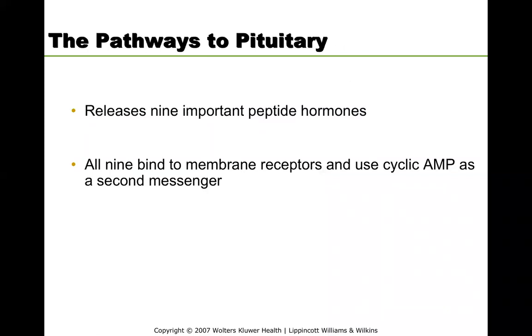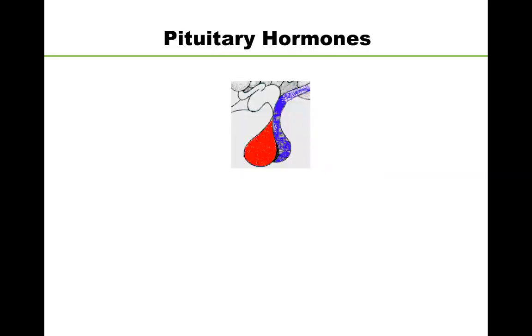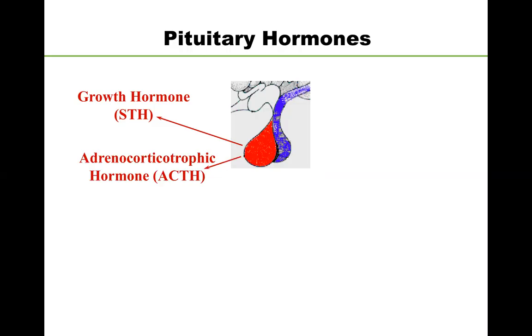The pituitary actually produces 7 to 9 different hormones. We'll understand each one of them. This is the anterior pituitary, and this is the posterior pituitary. It produces growth hormone, somatotropin. Number 2, adrenocorticotropic hormone, ACTH. Then thyroid stimulating hormone.